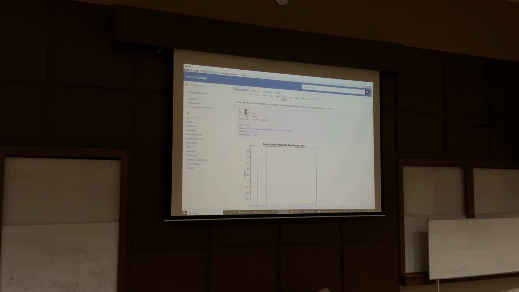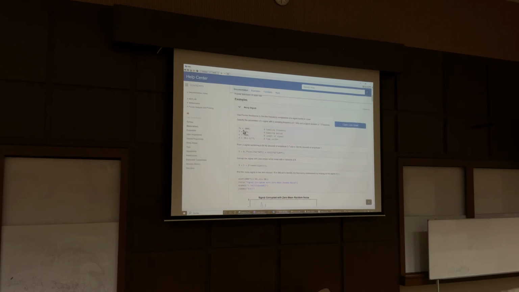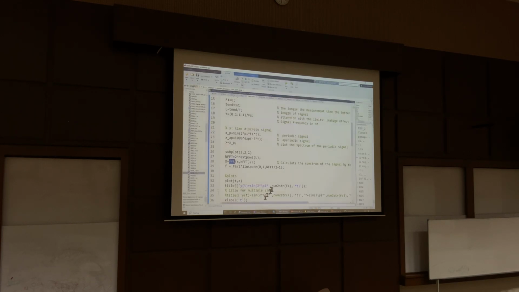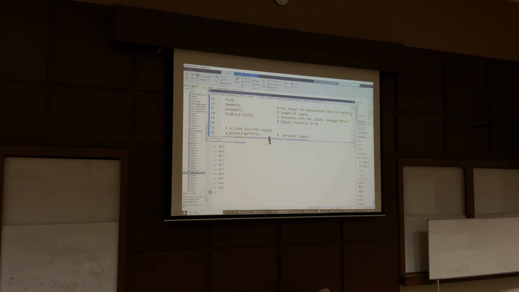By the way, if you look at the help function, you can easily copy this, Control C to the clipboard, and then go into MATLAB, Control V, and you get everything defined.